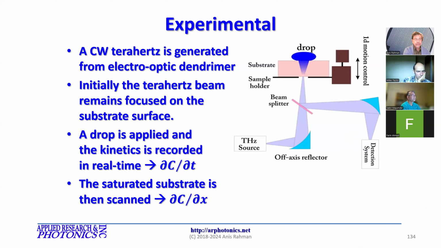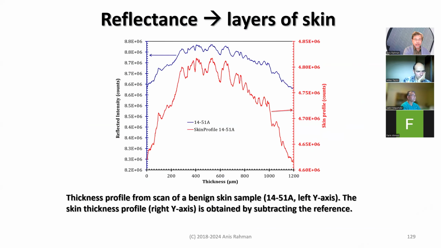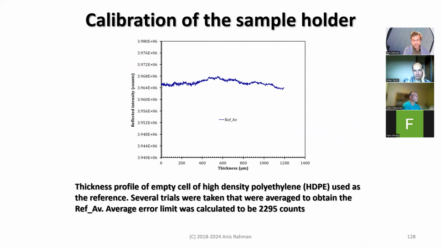So this should have been at the beginning, but we'll come back here. What happens is, if we do a depth scan of the empty cell, there's not much going on. It's pretty monotonous.